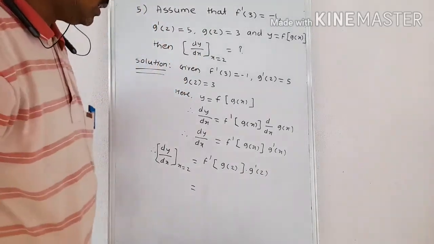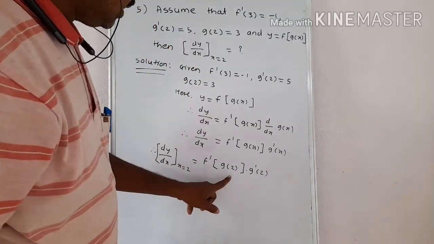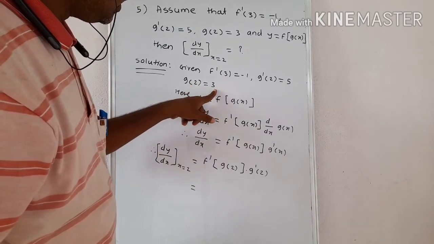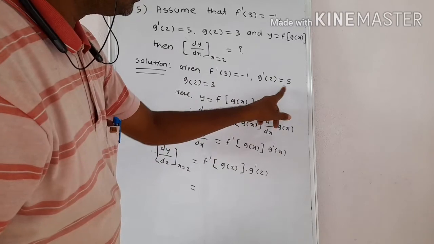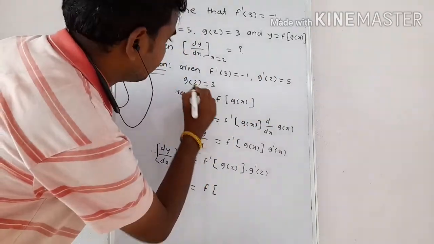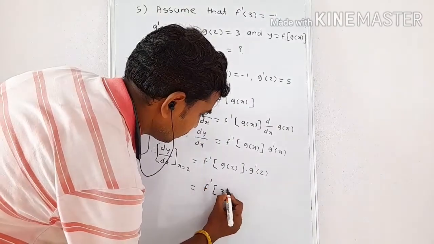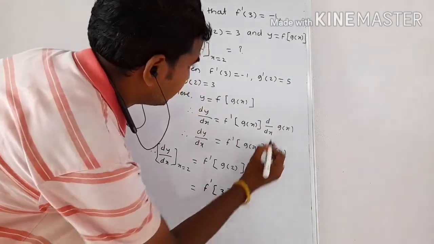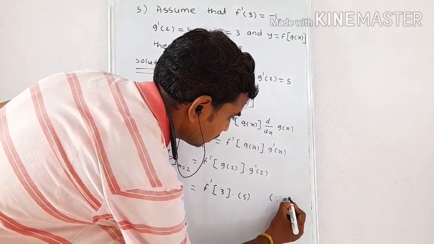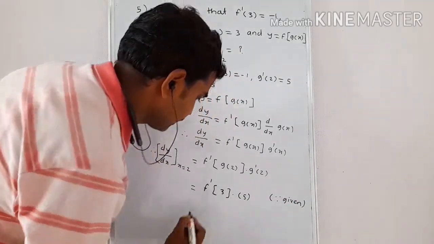Now, in the given values, the value of g of 2 is 3 and the value of g dash of 2 is also given. Therefore, we get f dash of 3, since g of 2 is 3, and g dash of 2 is 5.